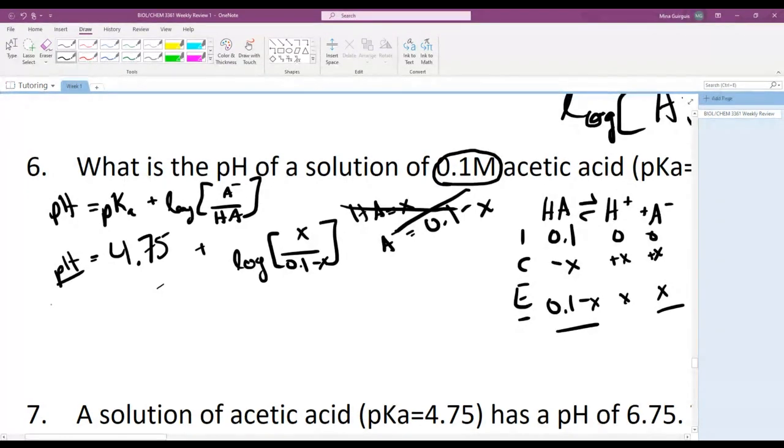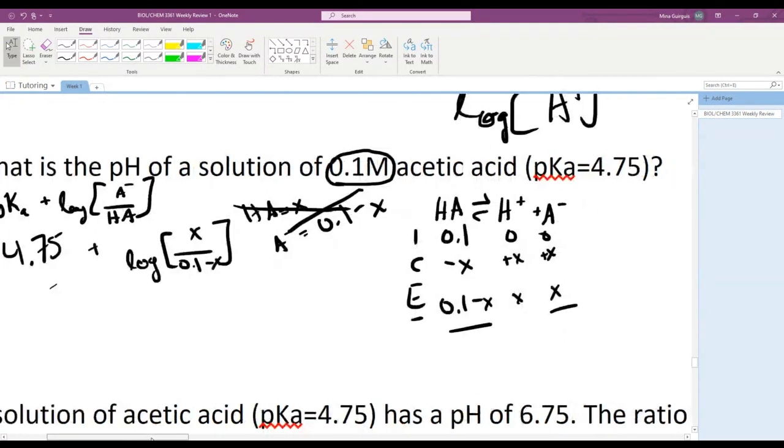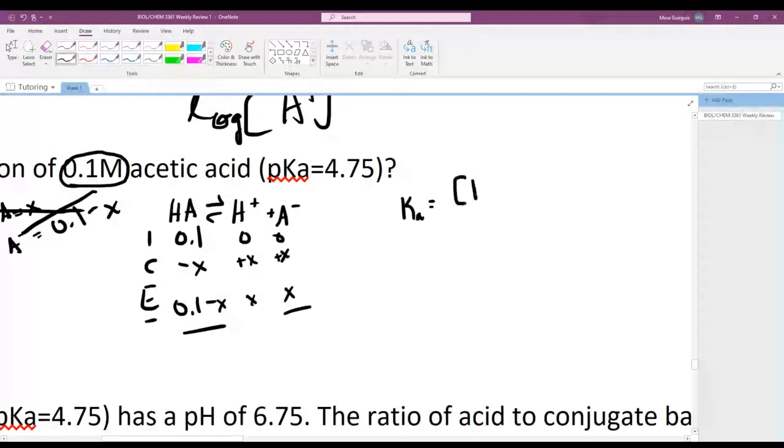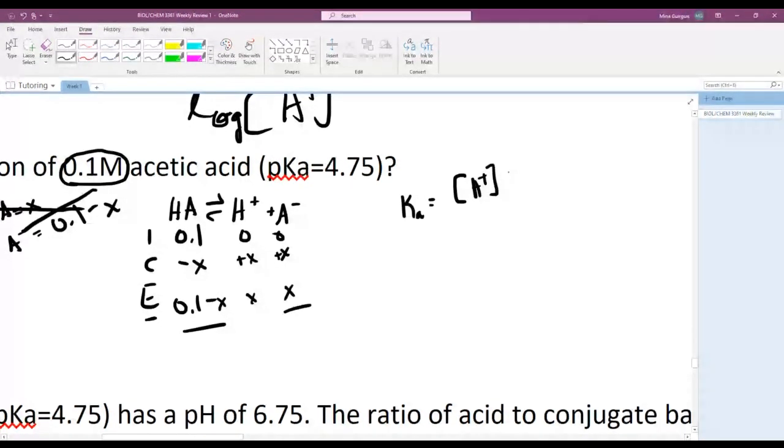Okay, awesome, great. So now we've realized we're stuck, we can't use the Henderson-Hasselbalch equation. So let's go ahead and solve the ice table, okay? Coming back to where we left off, we're going to say Ka equals H plus times A minus all over HA.